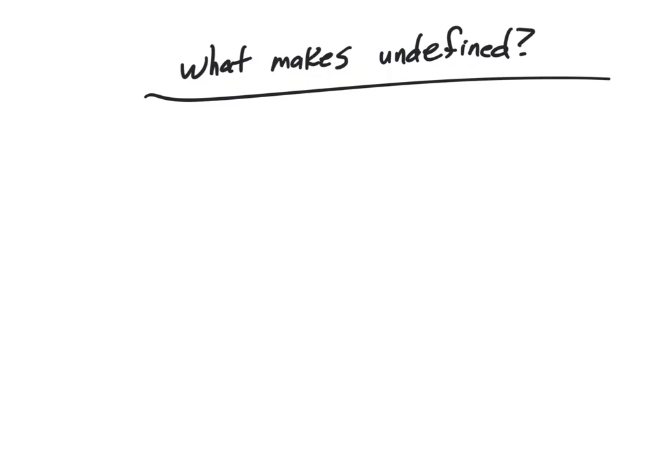Okay, I'm going to give you a couple of expressions. And if I simply just ask you the question, we're not going to necessarily plug anything in here, but if I just ask you the question, what value makes this function or expression undefined?